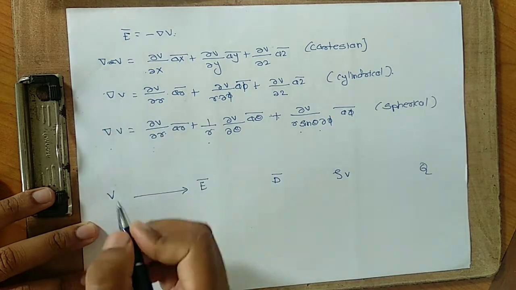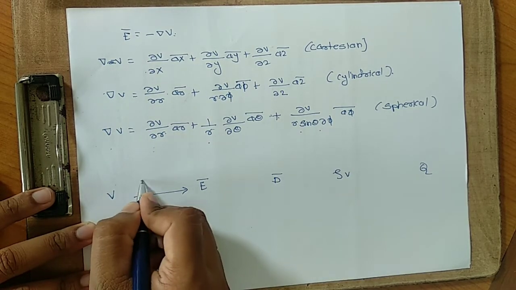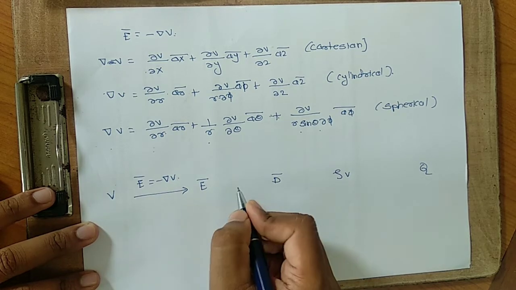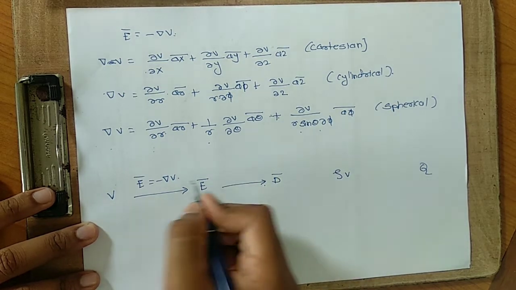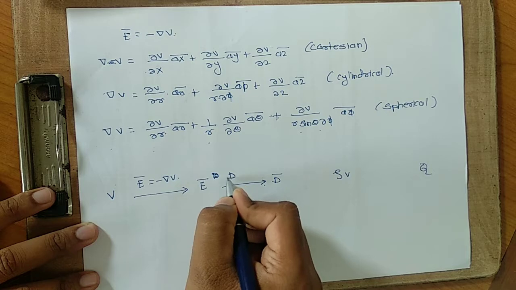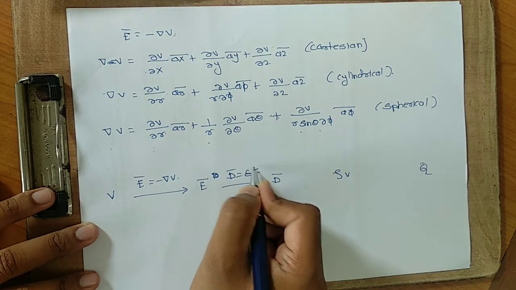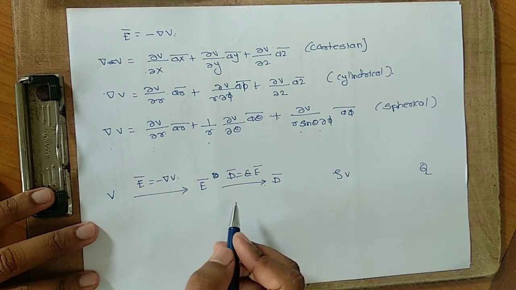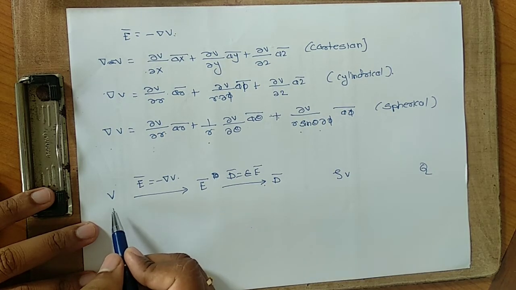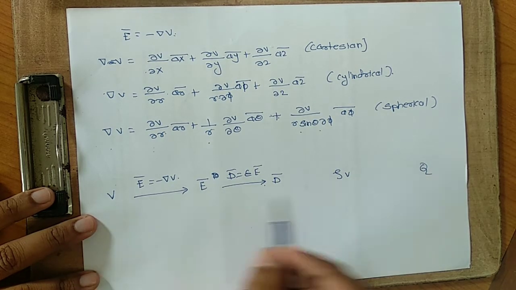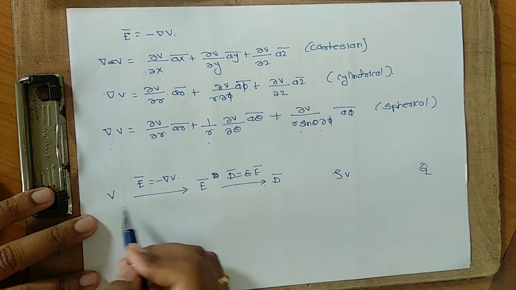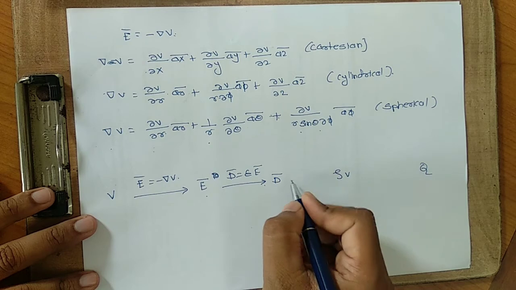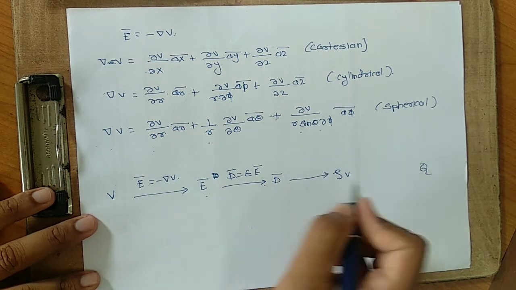We have just found it: E bar is equal to minus del V. Now the relation between E bar and D bar: D bar is equal to epsilon E bar. I am telling you these relations because in the exam they will give you the potential and you have to calculate the charge, or they will give you E bar and ask for rho v. So you should know the relationship between all these.